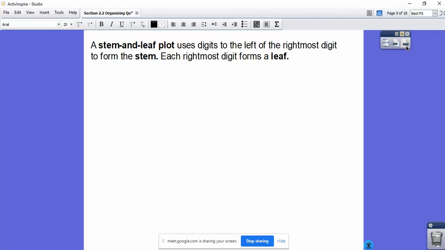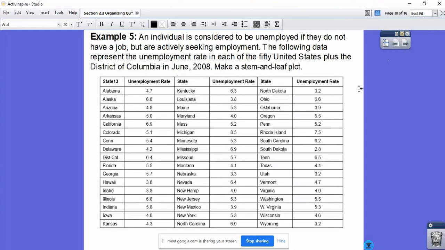So for example, if I were looking at unemployment rates, on that notes handout where I gave you all of my examples, I have this huge example with unemployment rates, and it has each state, and these are all decimals: 4.7, 6.8, 3.2, and so forth.